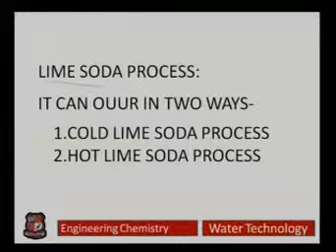But how is the whole process done in the industries, how are lime and soda mixed with the hard water and the hard water softened? There are two ways in which softening can be done: the cold lime soda process and the hot lime soda process, as shown in the slide.